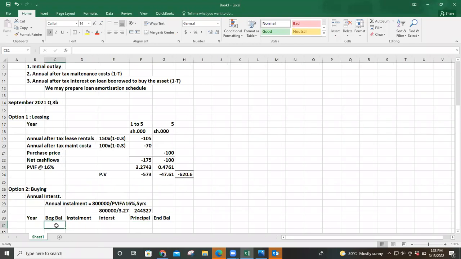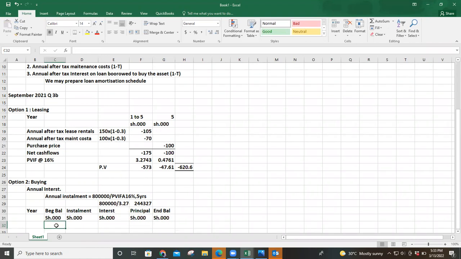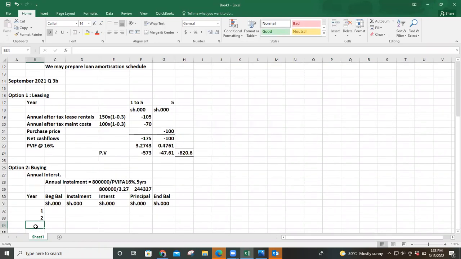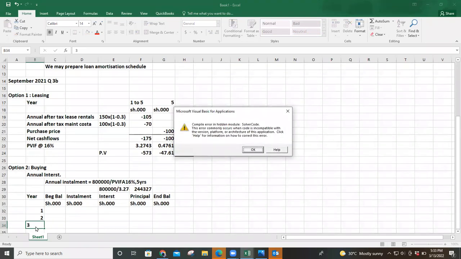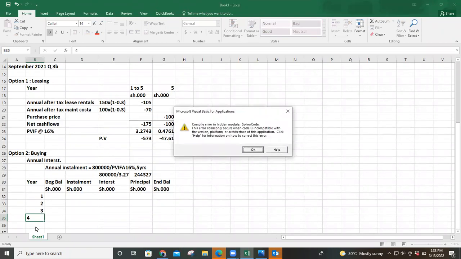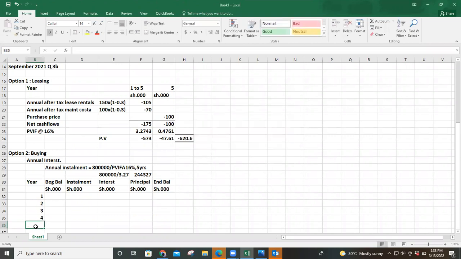So we put the figures in thousands of shillings. We have 5 years, year 1, year 2, year 3, year 4, and finally year 5.